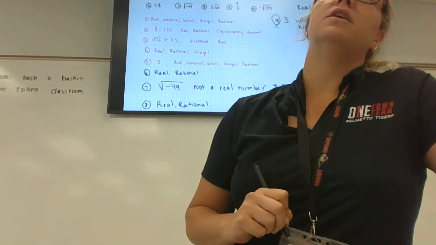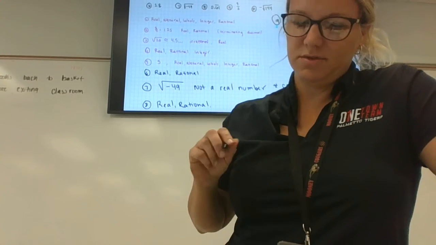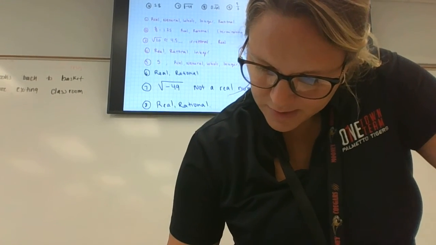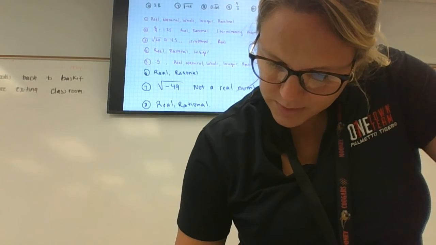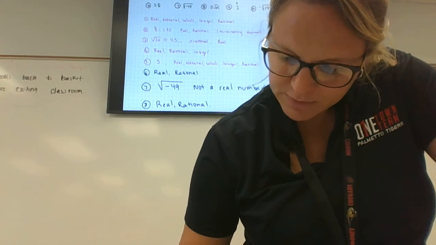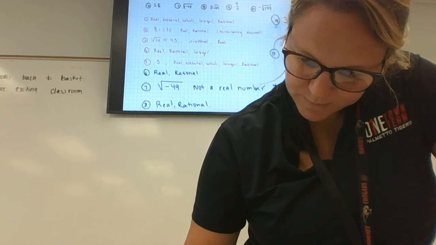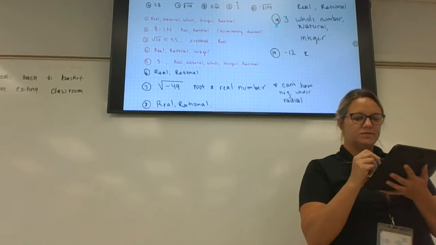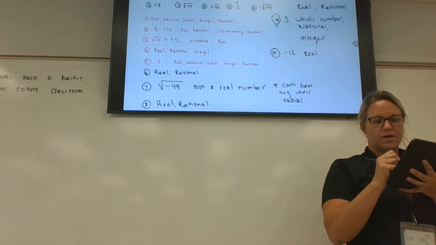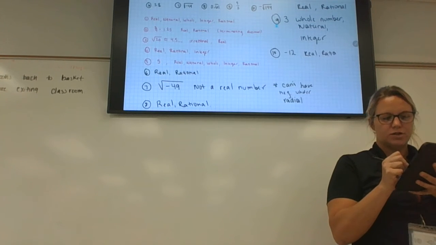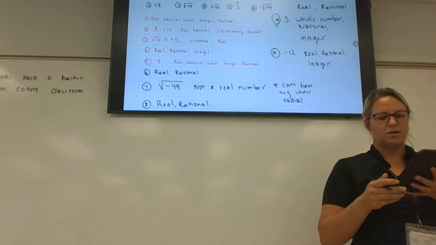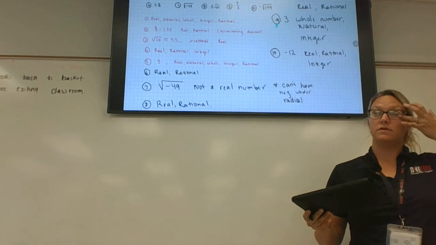One more. What's the last one? No, not irrational. Integer. Number 10 is actually negative 12, right? So it's real, rational, integer. Not a whole number because whole numbers are positive or 0.